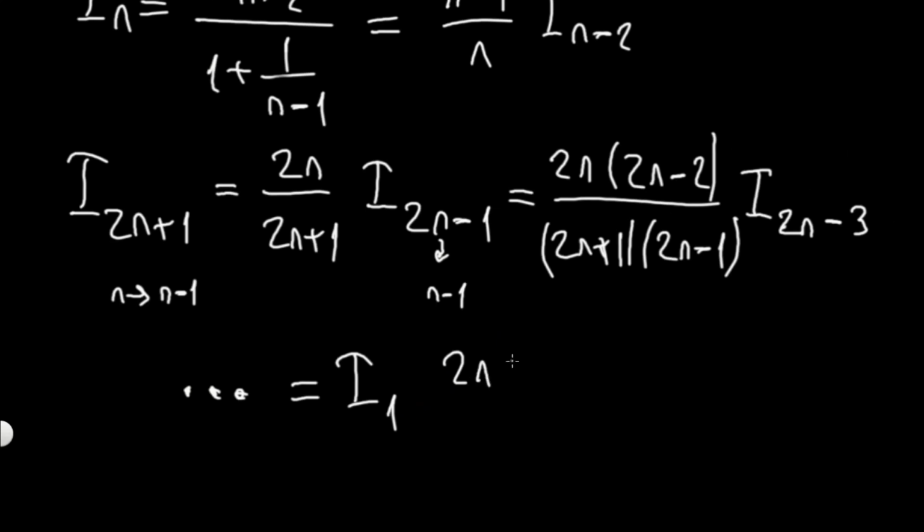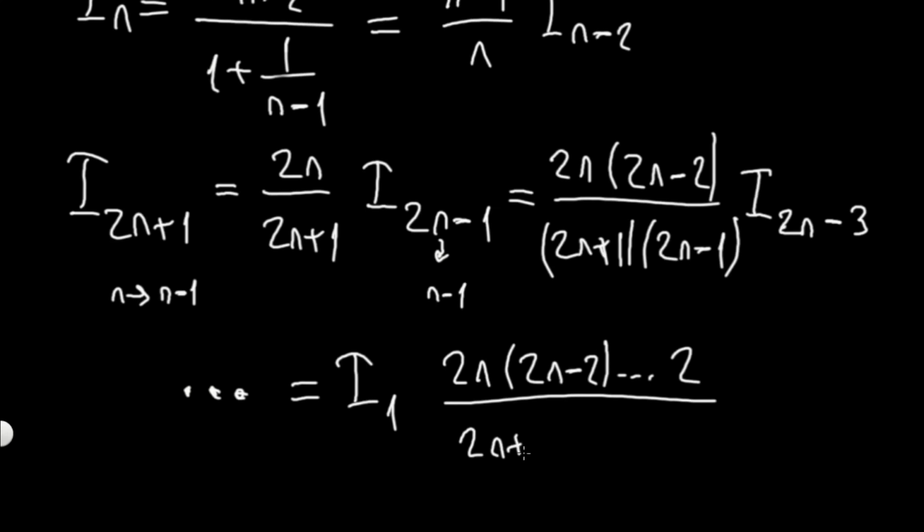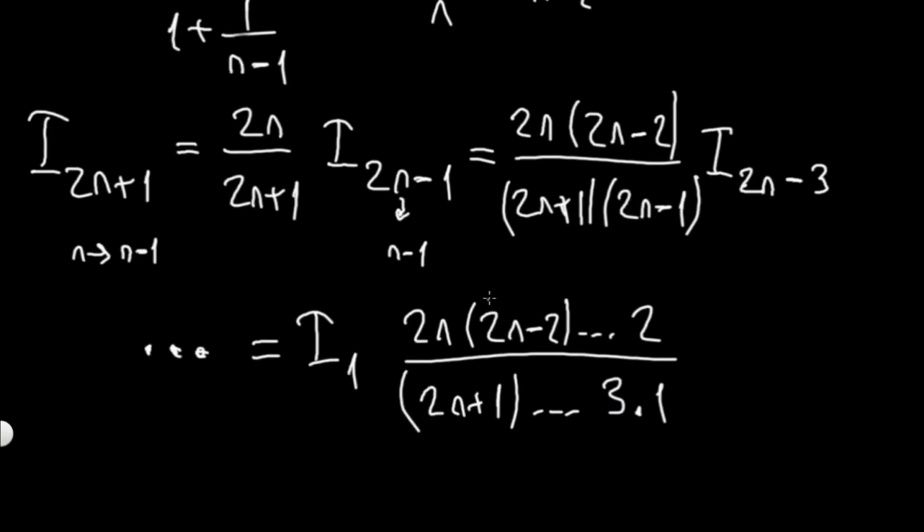So it will be 2n minus 2 up to 2 over, well, all of these are just 1 more than this, so it will be 2n plus 1, 2n minus 1 up to 3. But it's the same as saying just 1, because these are all even numbers and these are all odd numbers.